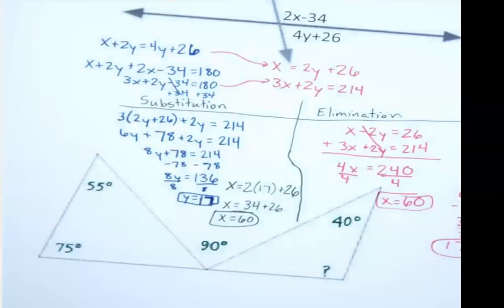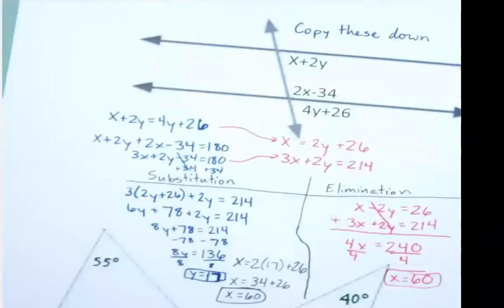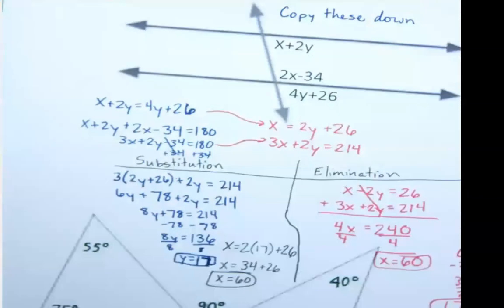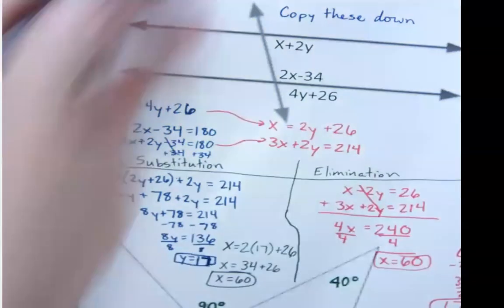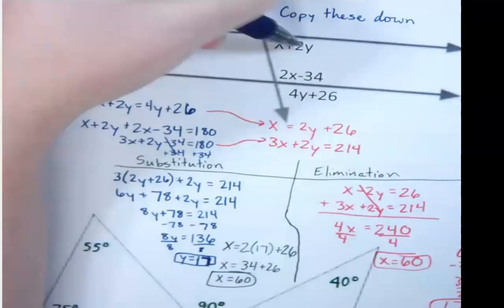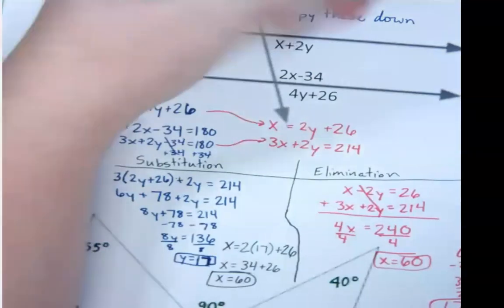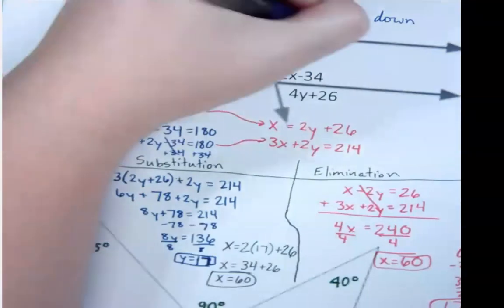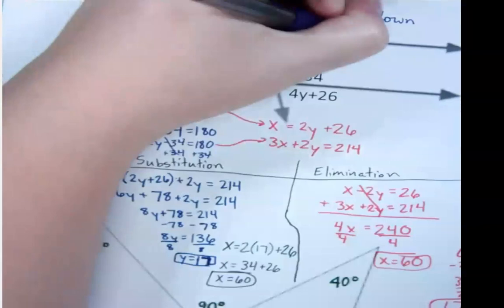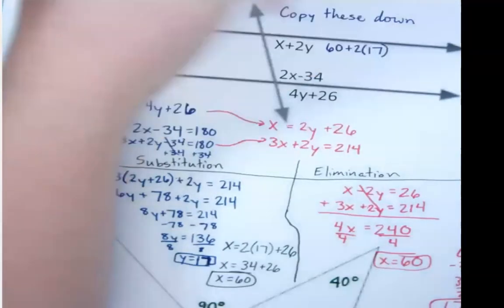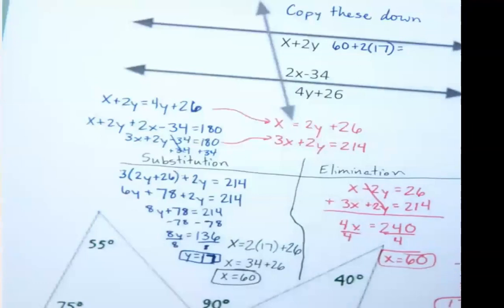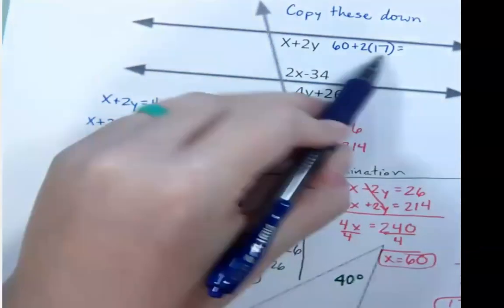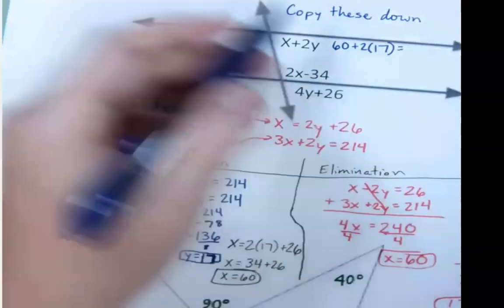Let us move on. Oh, wait, let's not move on, because on the test you're going to have to plug these back in. We have x is 60, so we have 60 plus 2 times 17. This one I can already tell is not going to be drawn to scale. 60 plus 34 is going to be 94 degrees.